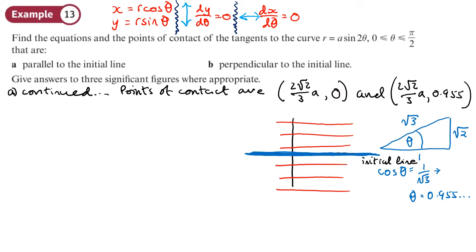That means that the equation of the tangent that has this point of contact is basically the initial line, so I'll write that down.